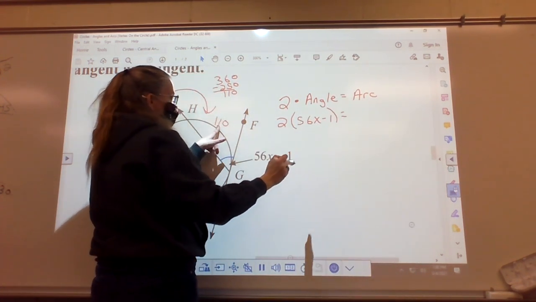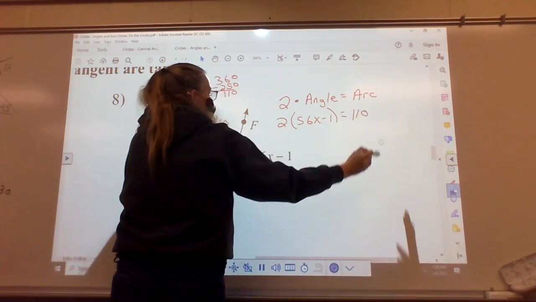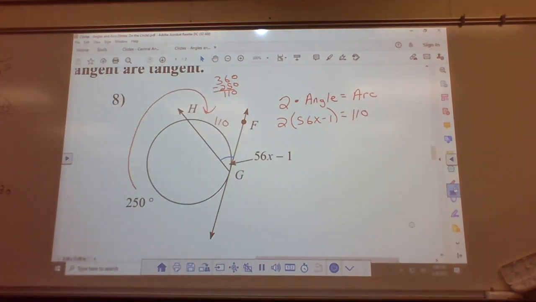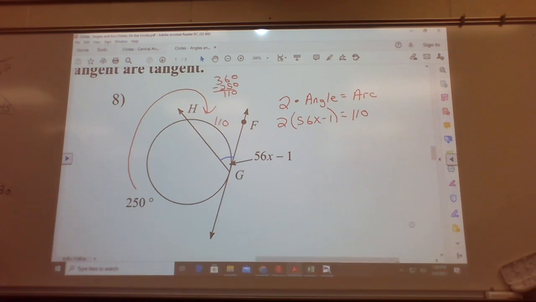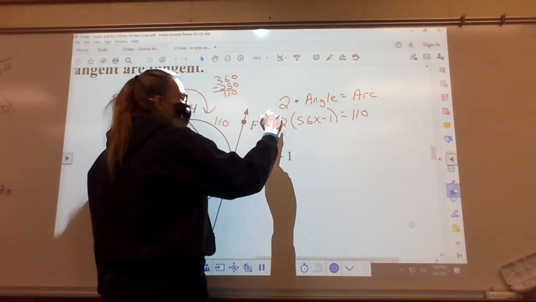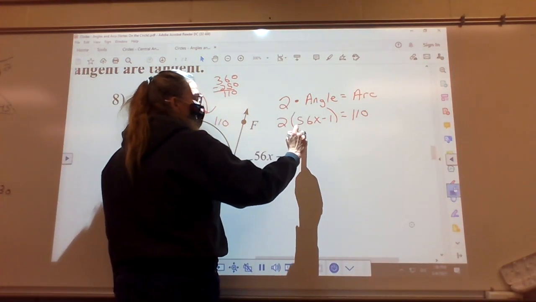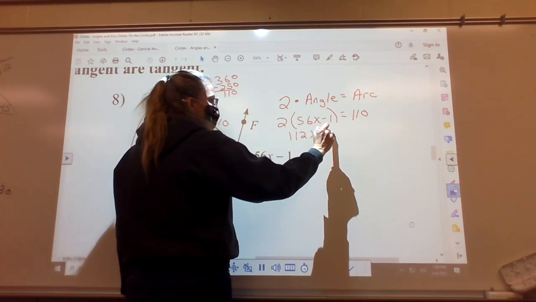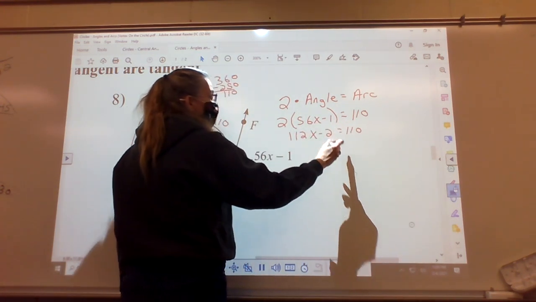Equals the arc, which was 110. Now, this is one way you could have done it. I'll show another way you could have done it here in just a second. Most of the time, if you guys see a question like this, you distribute, which works. I mean, you can also divide by 2 to get the 2 out of there, but you guys usually distribute. So 112x minus 2 equals 110.